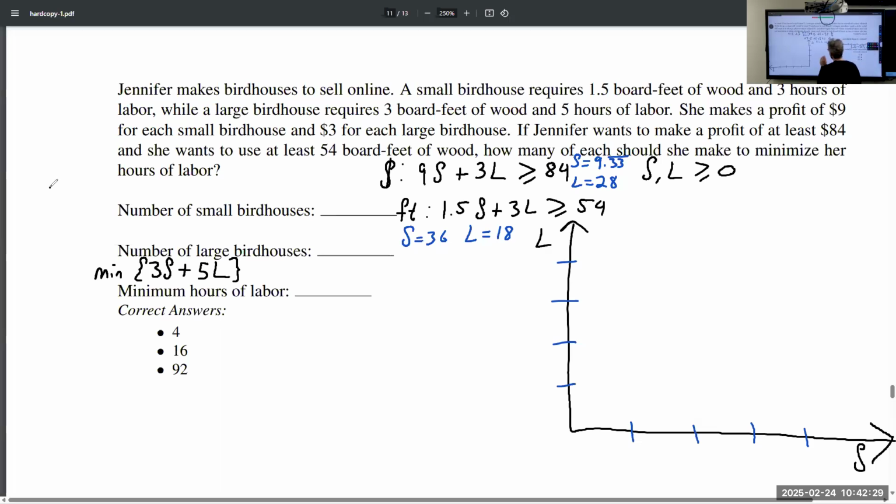I have a point that's not quite 10 and it goes up to not quite 30. So I could say here and not quite 30 would be here. Something like that.